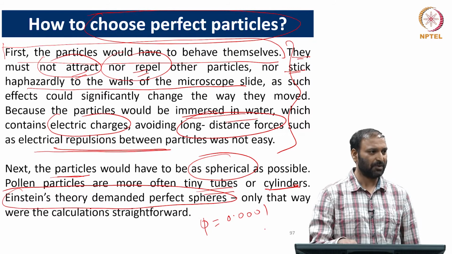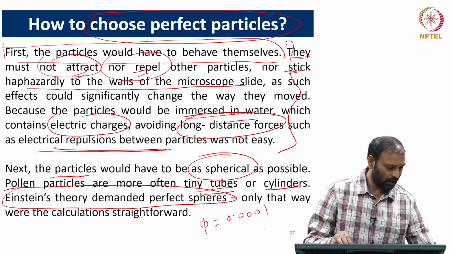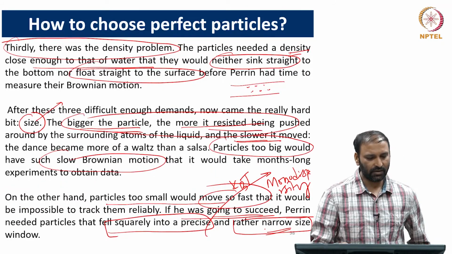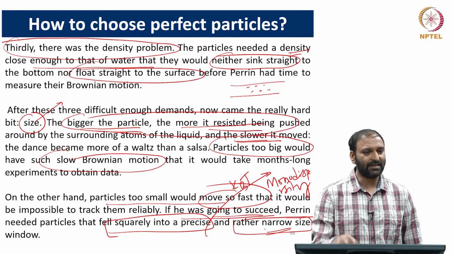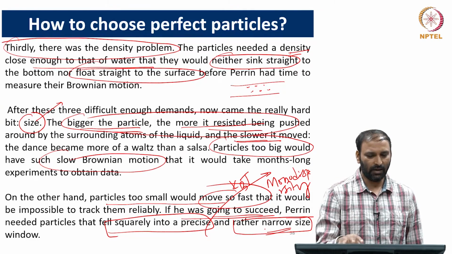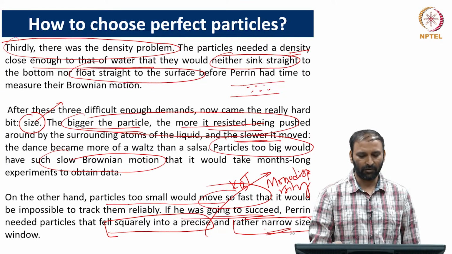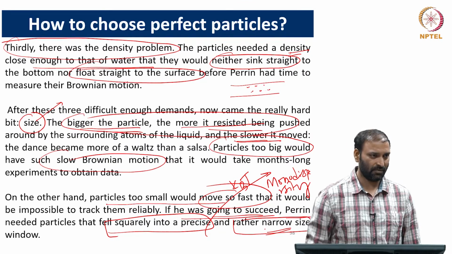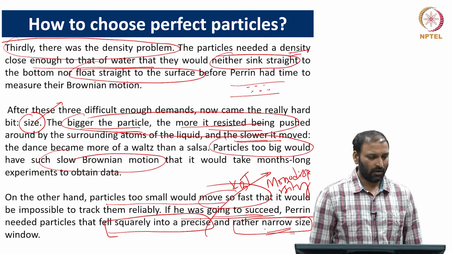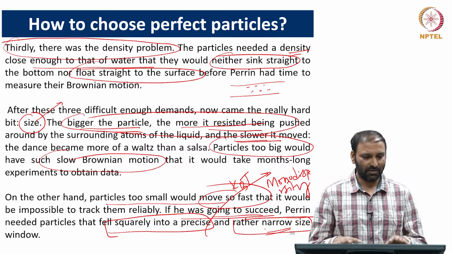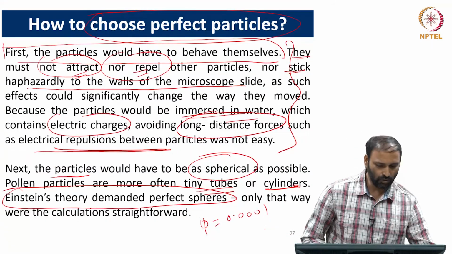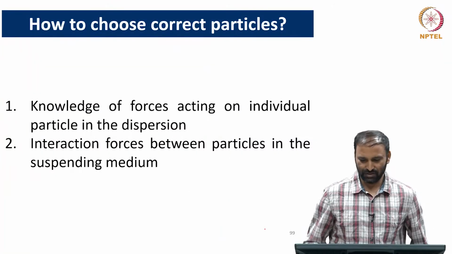That is a requirement for this particular experiment. And if you look at the density problem, that means they have to be not too big, not too small, and they have to be of precise size and monodispersity. Okay. So, therefore, I can classify these requirements into some categories.